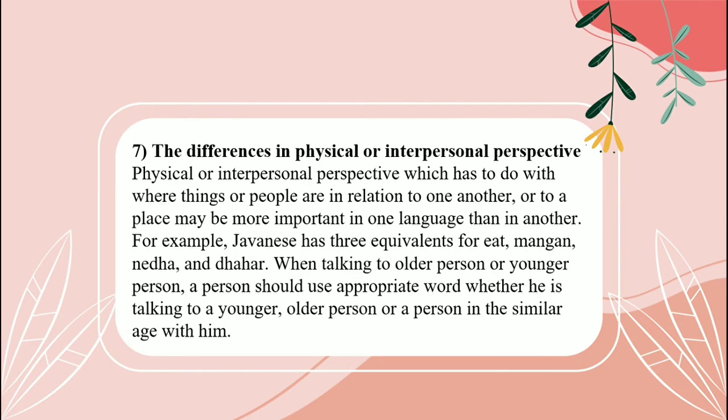For example, Javanese has three equivalents for eat. The first one is called mangan, nedo, and dahar. When talking to an older person or a younger person, a person should use the appropriate word, whether he is talking to a younger person, an older person, or a person of similar age.